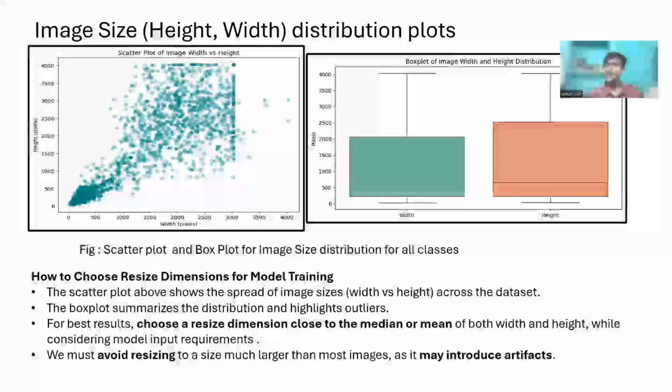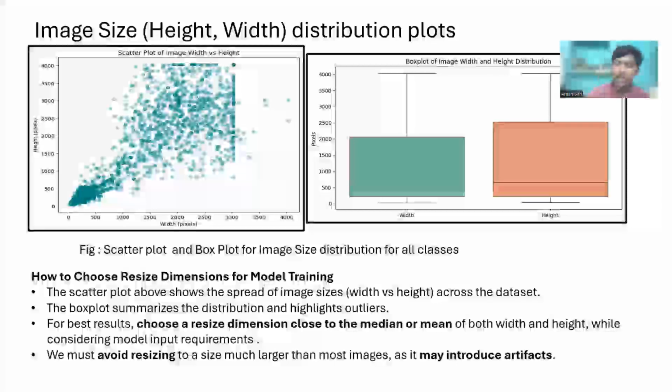So till now we have discussed our dataset and our distribution along the various classes. We have also seen that there exists significant data imbalance. We have also plotted the image width versus height, the mean, the distribution, and how to choose the resize dimension. Now we will move toward the classical machine learning approach.